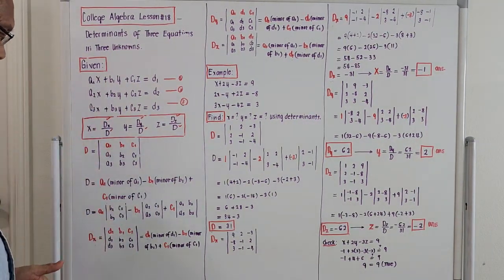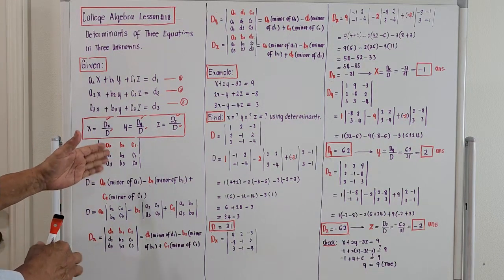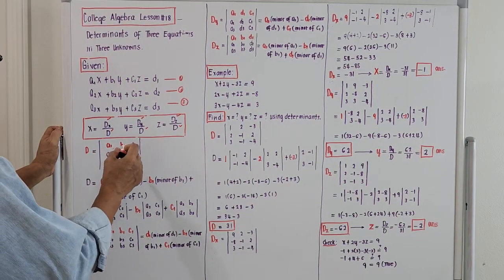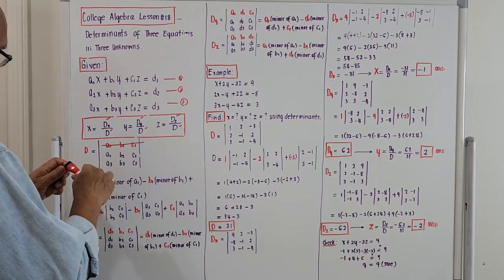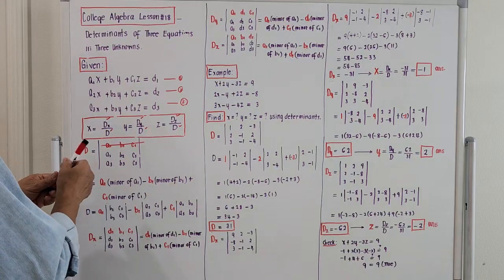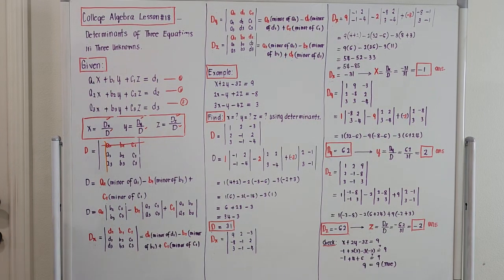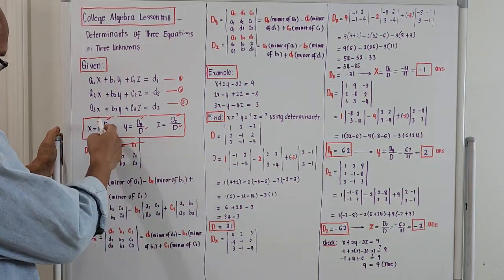Okay, let's try to bring out the minor of A1. If we consider A1, we cross out this row here and the downward column. To bring out the minor of A1, cross out this row here and cross out this column downward.